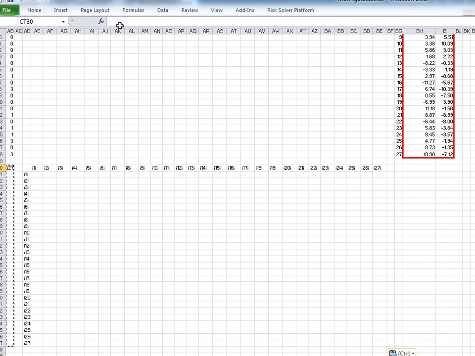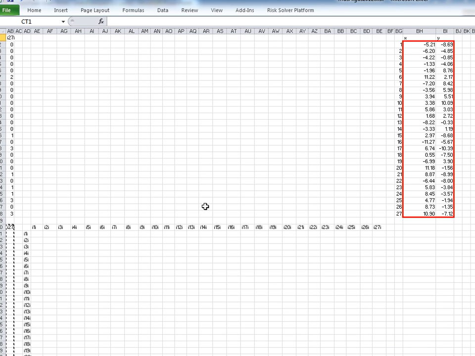So here it is, the distances between our 2-dimensional points.